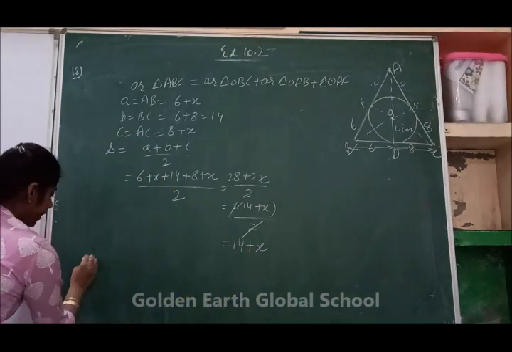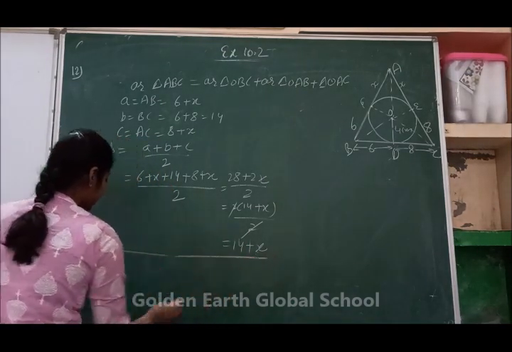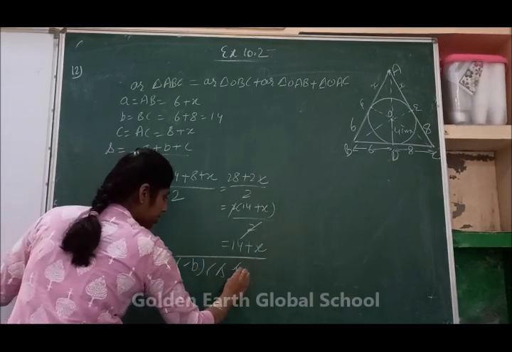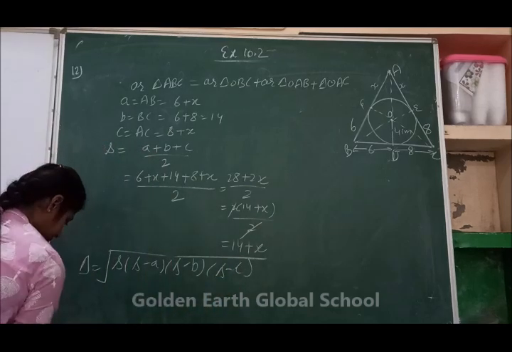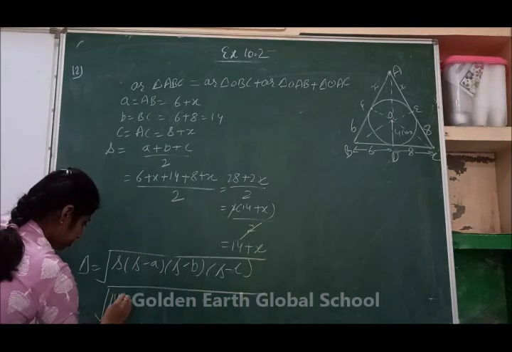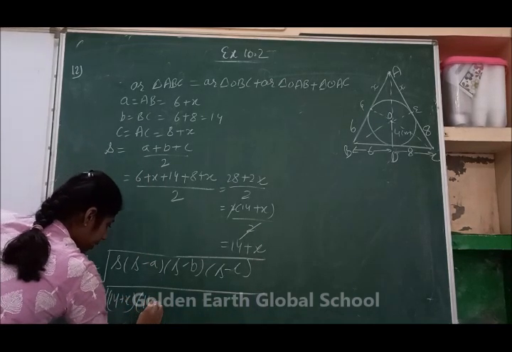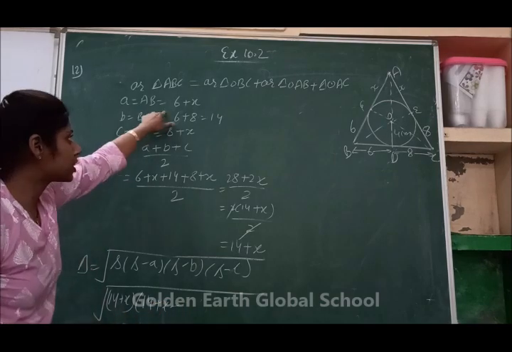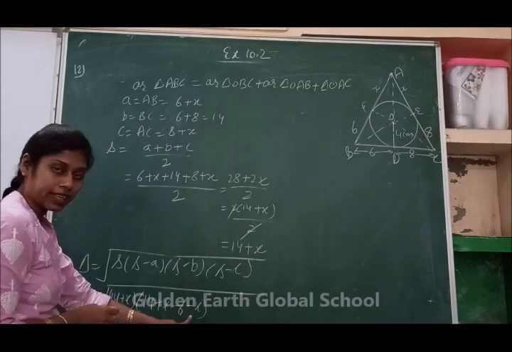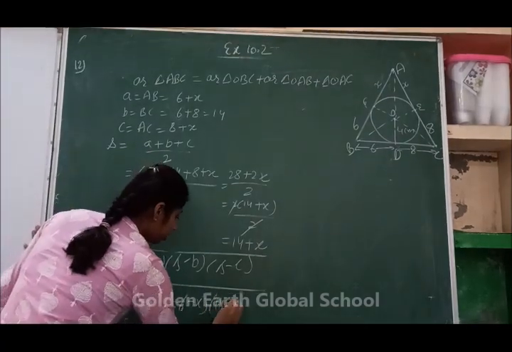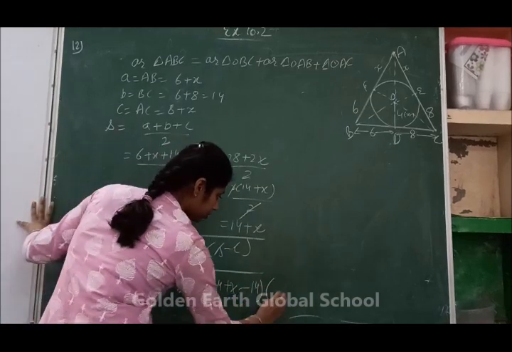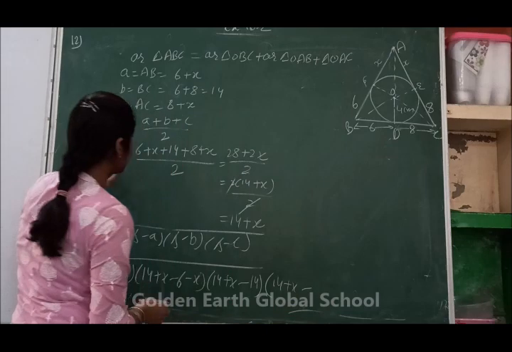Now find the area. What is the formula to find area? Root of S into S minus a, S minus b, S minus c. Put the values. S is 14 plus x. 14 plus x minus a, which is 6 plus x, so here is a negative sign, we have to change the sign: 14 minus 6 is 8, x minus x cancels. Similarly, 14 plus x minus b is x. What will be c? 14 plus x minus c, 8 plus x.